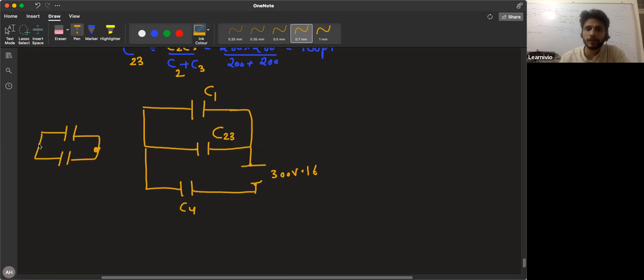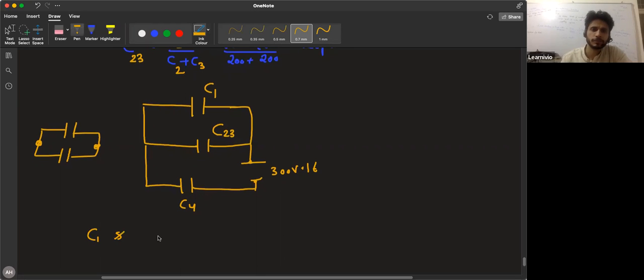C1 and C23 are connected end to end. But C4 and C23 are not connected end to end. For parallel combination, there should be this type of connection between C23 and C4, but in between C23 and C4, there is a cell. So they are not connected end to end. So C1 and C23 are in parallel, but C4 has no combination.